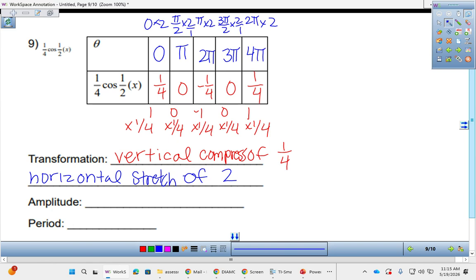So what once took me from 0 to 2 pi to finish, now takes me from 0 to 4 pi to finish. So the length of the graph is now 4 pi. So the period is 4 pi. What used to have a max height of 1 now has a max height of 1/4. So the amplitude is 1/4.